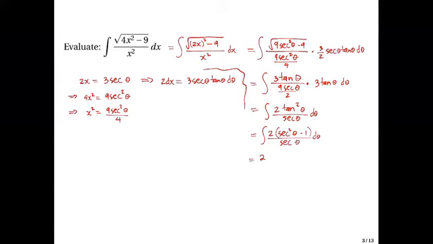I'll take out the 2 and we will be left with the integral of secant squared theta minus 1 over secant theta d theta. And 1 over secant theta is just cosine theta. So we have 2 integral of secant theta minus cosine theta d theta, and this is easily integrable.